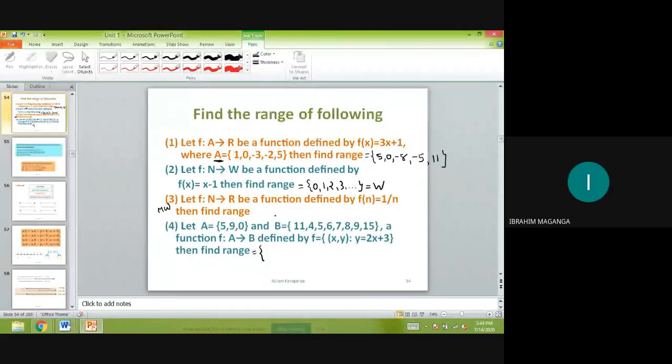Always take the value of x from the domain. Okay? Always you take the value of x from the domain. Never forget.